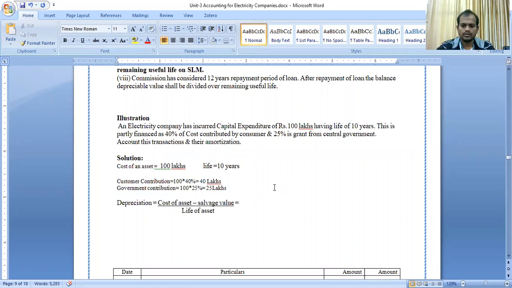The cost of asset is 100 lakhs. Salvage value we have to calculate as 10% of the asset. Lifetime 10 years. So it comes around 90 lakhs by 10, 9 lakhs per year.